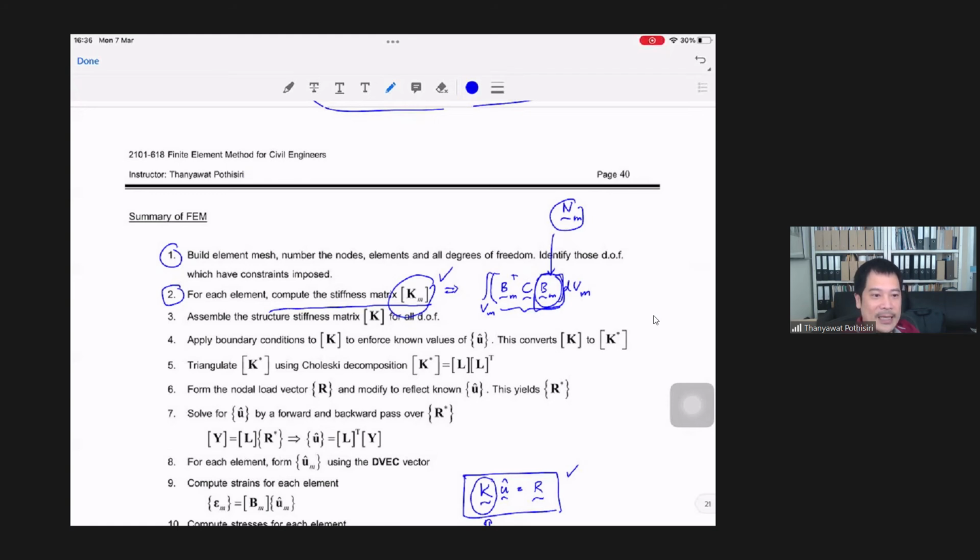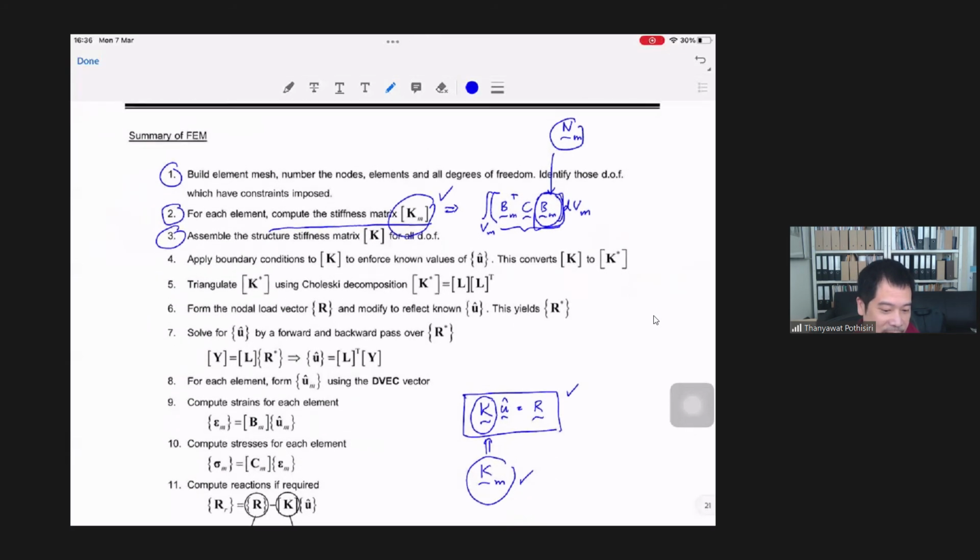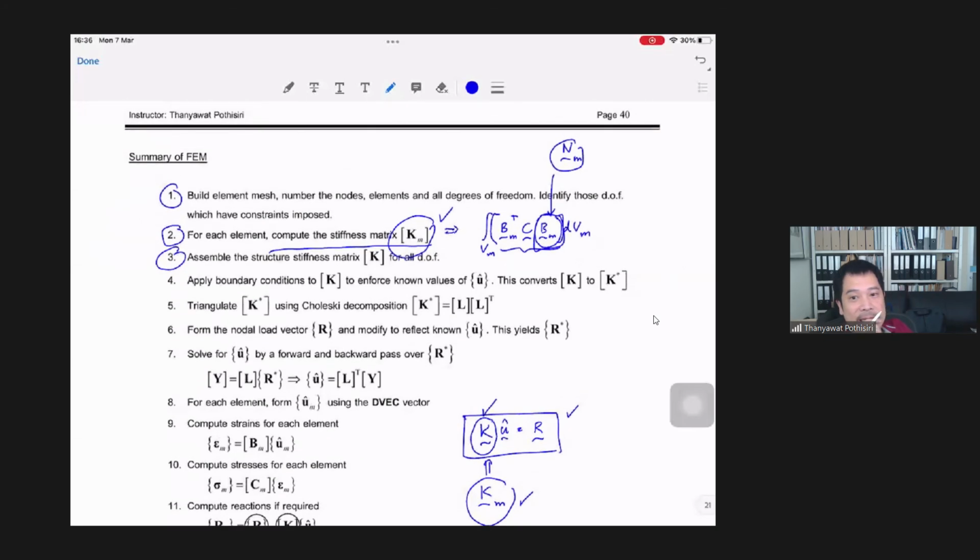All right. Now, once you obtain the element stiffness matrices, then you want to assemble them into here. And the way that we assemble the structure stiffness matrix is by using the concept of the destination vectors.